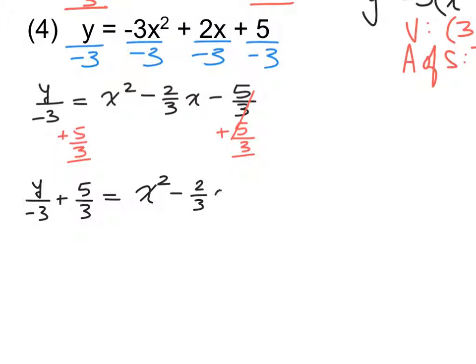Now look at this. We still got to do b over 2 squared to get that term. So you may want to use your calculator now. We need -2/3 cut in half and squared.